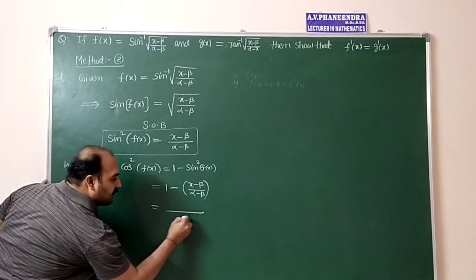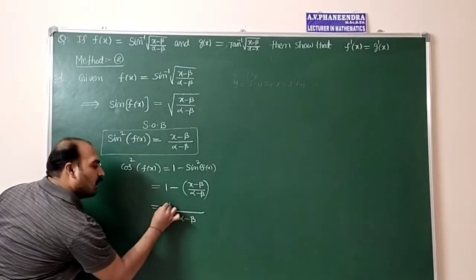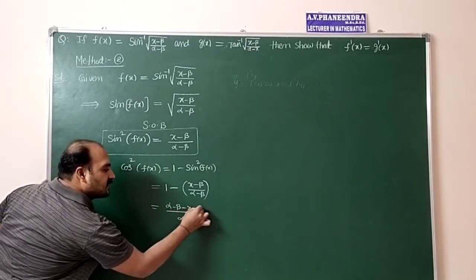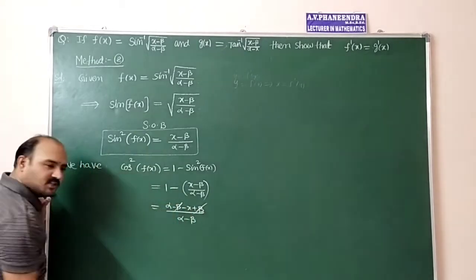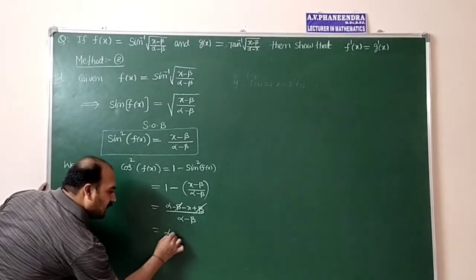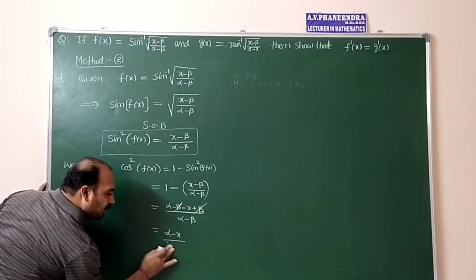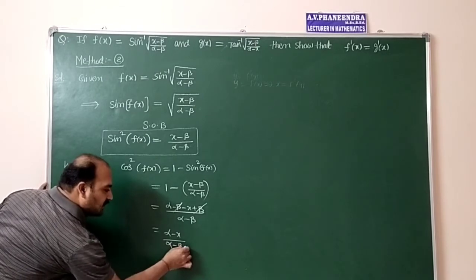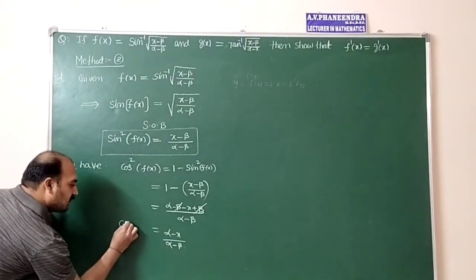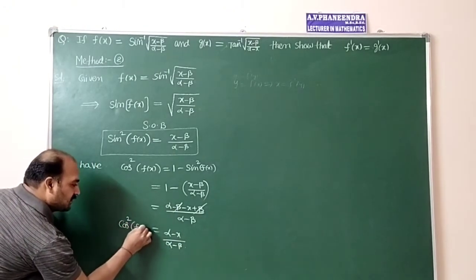By taking LCM, alpha minus beta minus x plus beta, minus beta get cancelled. We are getting here alpha minus x by alpha minus beta, that is cos square of f of x.